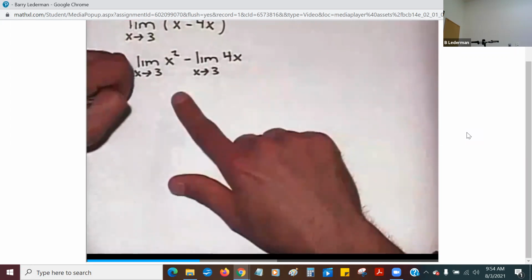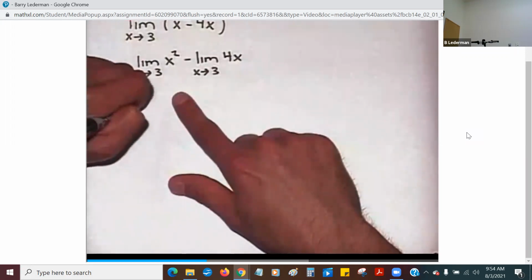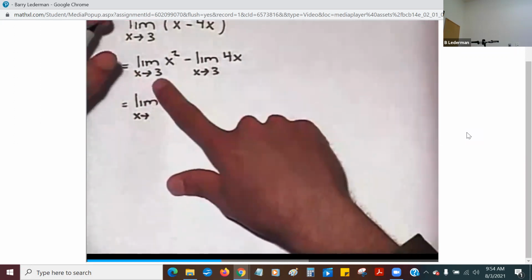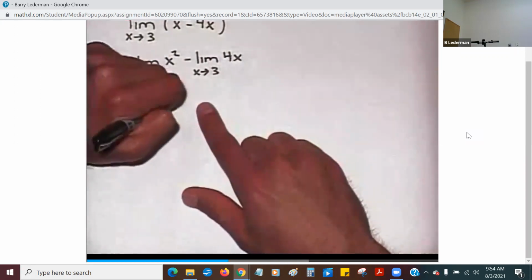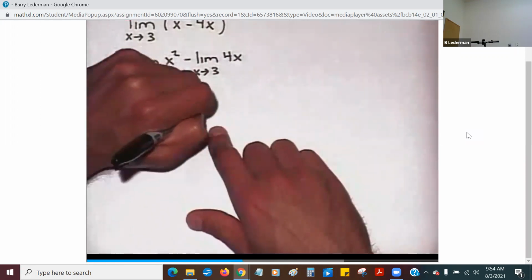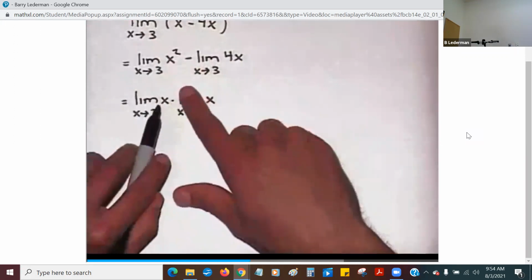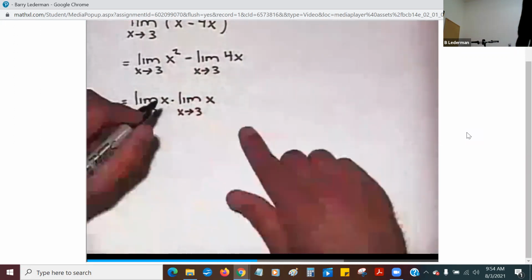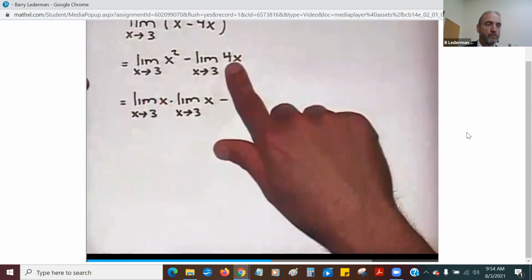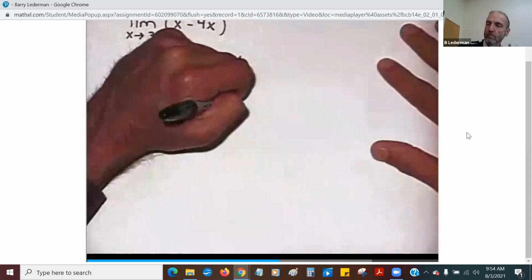Now, using property 5 and property 6, I can take the limit as x approaches 3 of x squared and break that into the product of two things. x squared is x times x, so I break it into a product. And then I also use the property that allows me to take my constant 4 and pull it outside of the limit.